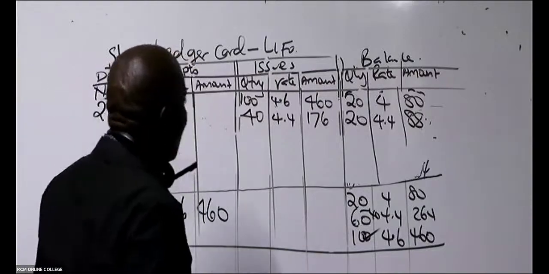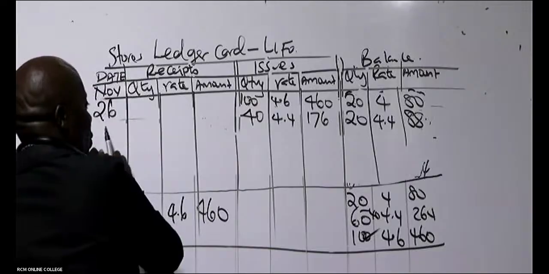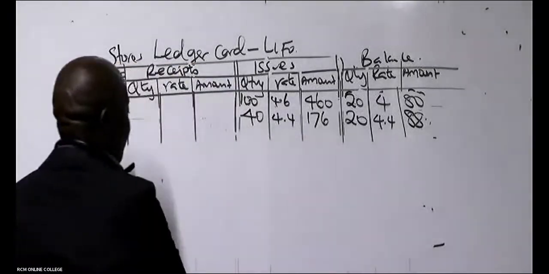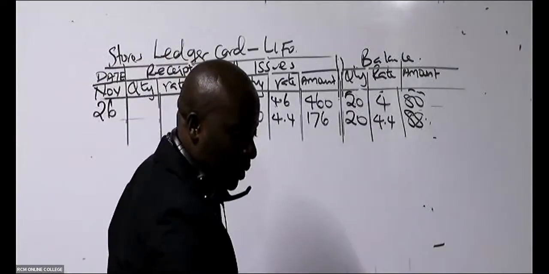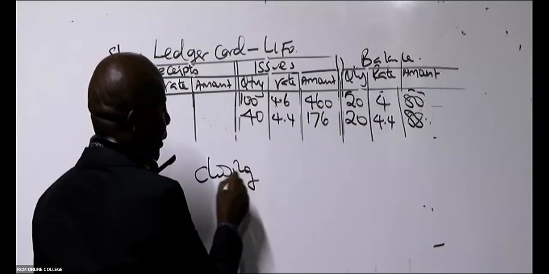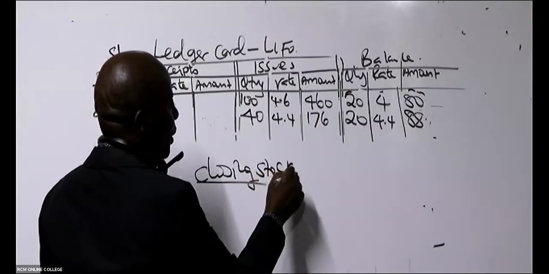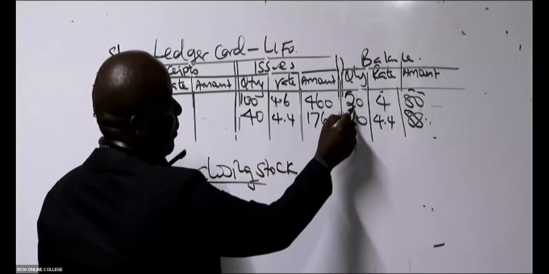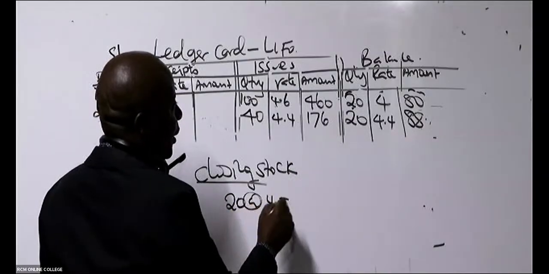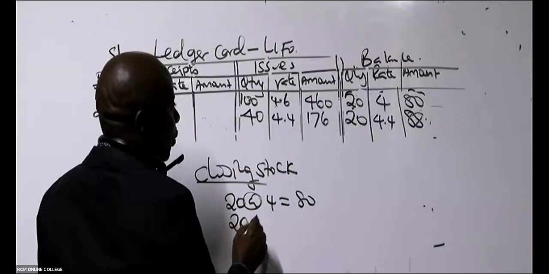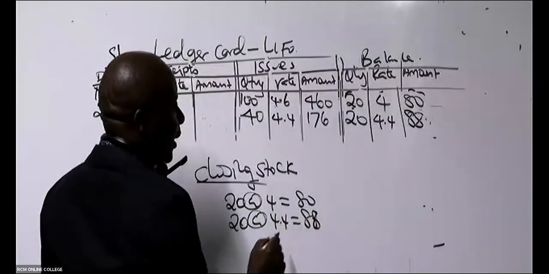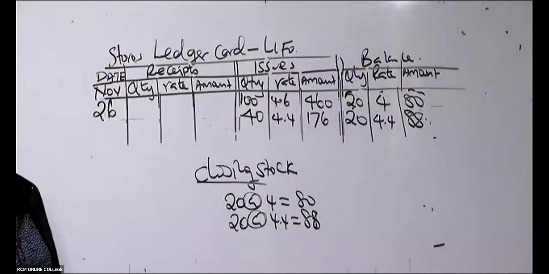Thank you so much. And then go ahead and do us a favor. The examiner wanted you to get closing stock. So closing stock, this is the last date of the month, so it will be the last balance. So we have 20 at 4, giving us 80, and then 20 at 4.4, giving us 88.